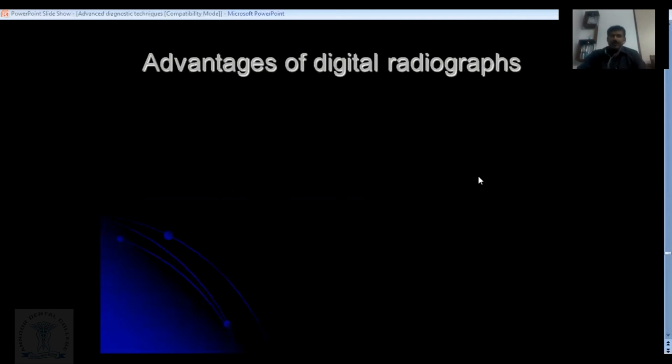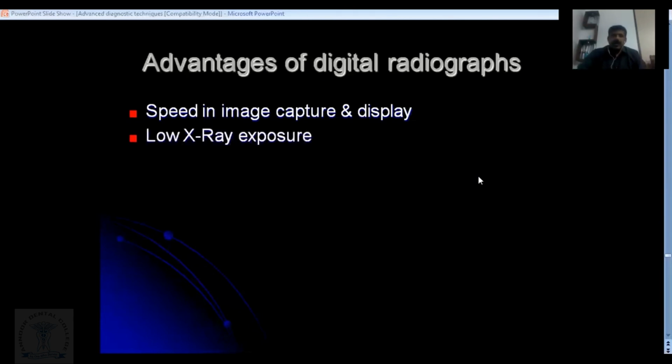What are the advantages of digital radiographs? We have already discussed that. Speed: you take a radiograph, immediately you get it on the computer. With a conventional radiograph, you have to do all the processing, wait for it to dry, then you get the image. A lot of time is taken. X-ray exposure: the radiation dose is half to one third with digital radiography.